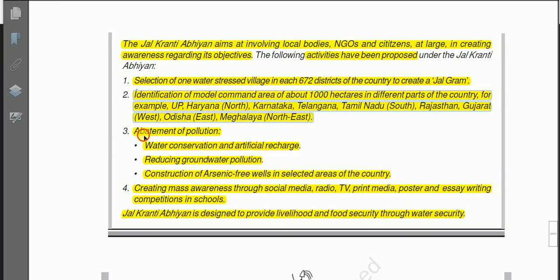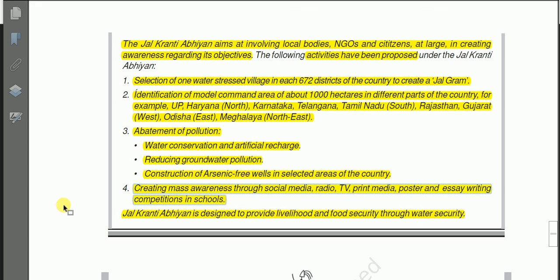Then the third point, abatement of pollution, to fight pollution, that is conservation and artificial recharge. Then reducing groundwater pollution, construction of arsenic-free wells in the selected areas of the country. Then the fourth activity is creating mass awareness through social media, radio, TV, and print media, that is newspapers, for example.